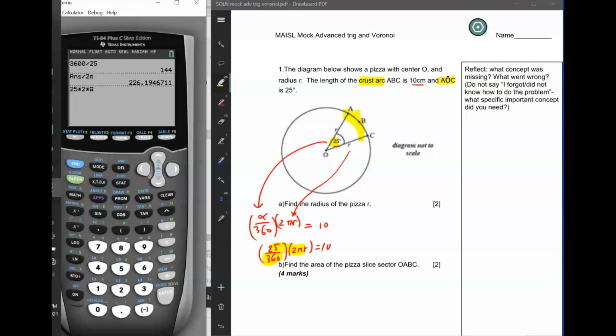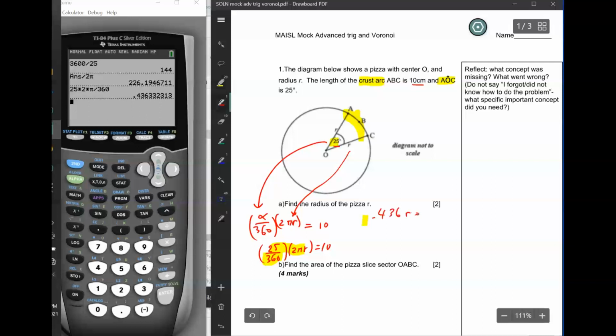Remember, you can get pi by pressing second pi. That's the numerator, 25 times 2 times pi, and I'm going to divide that by 360. That gives me 0.436. So this is equal to 0.436 r equals 10.